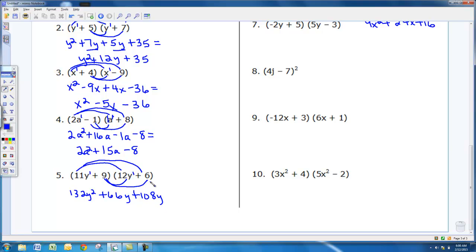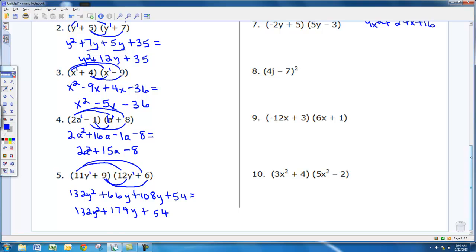And last, 9 times 6 is 54. Combine like terms, 66y plus 108y gives us 174y. Bring down the 132y squared and the 54. Same process, just numbers that are a little bit bigger.